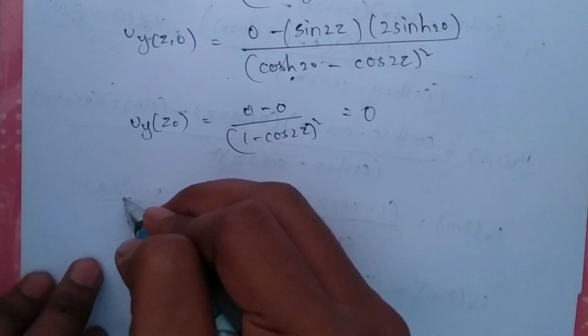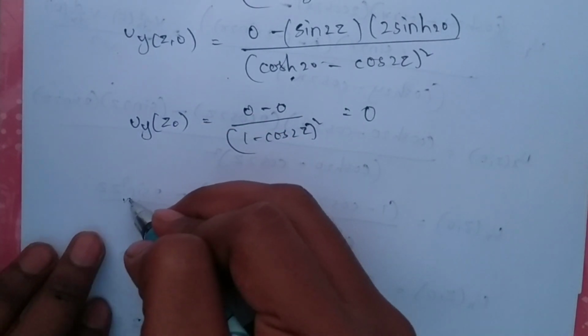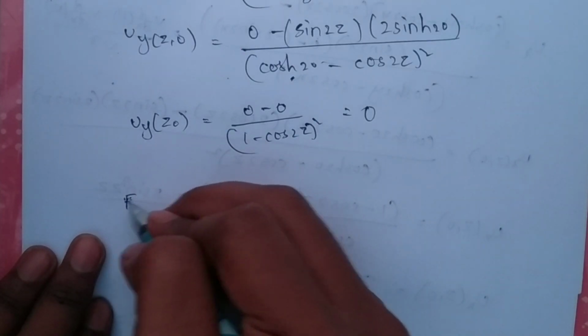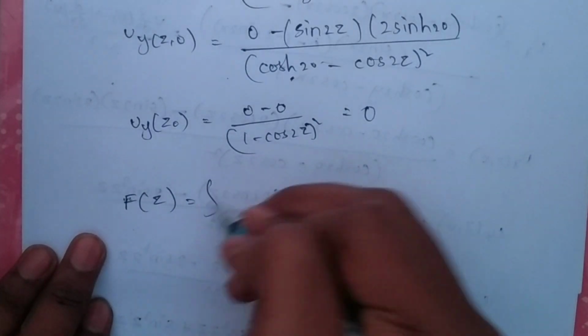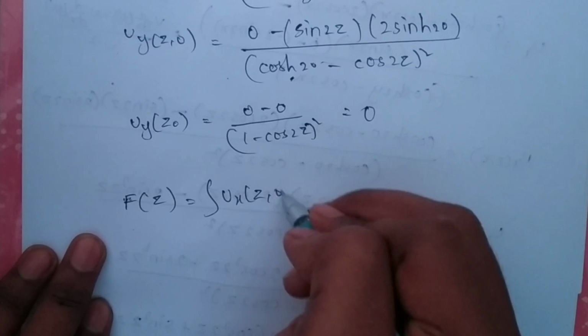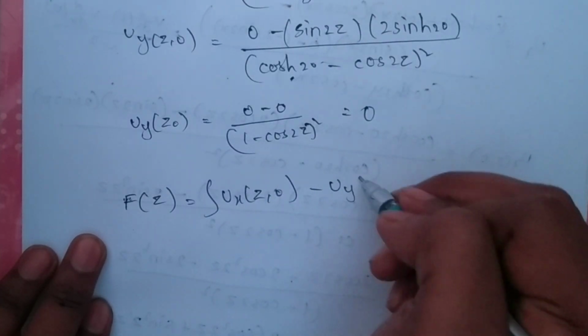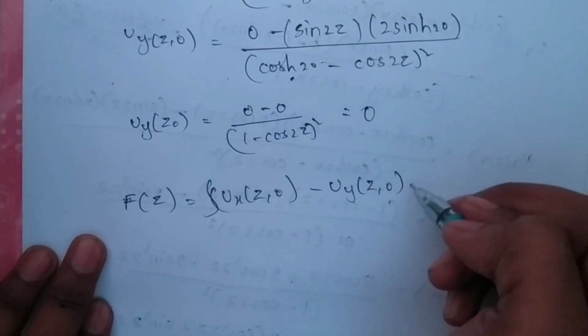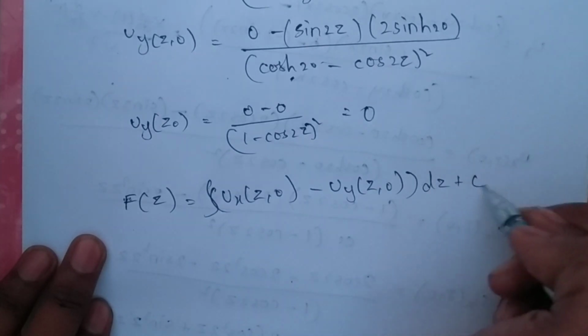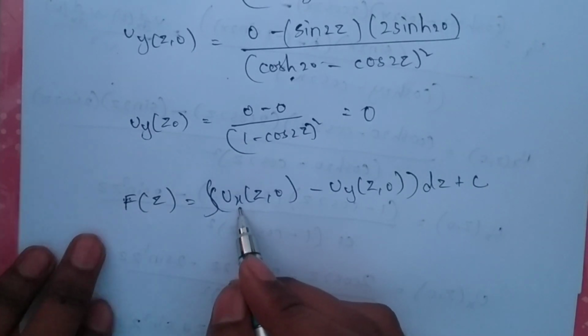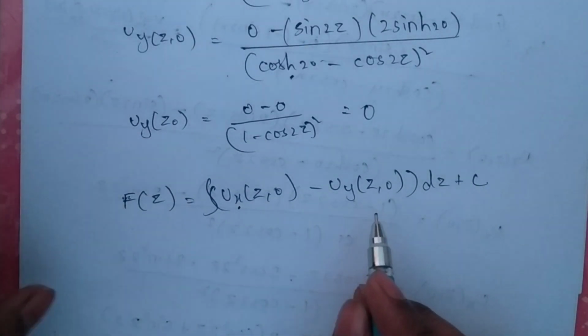Now we know that to construct the analytic function, when a real part is given, the formula is f of z equals the integral of ux at z comma 0 minus uy at z comma 0, whole dz, plus c. We are going to substitute ux at z comma 0 and uy at z comma 0 here.